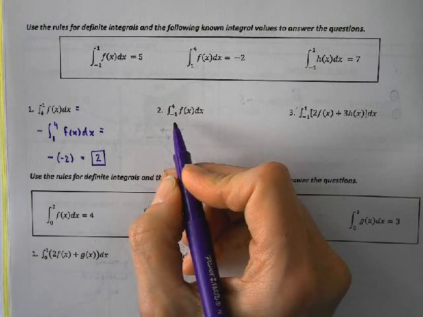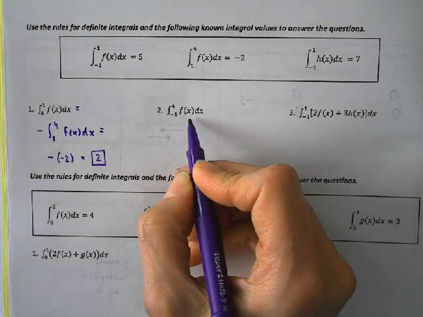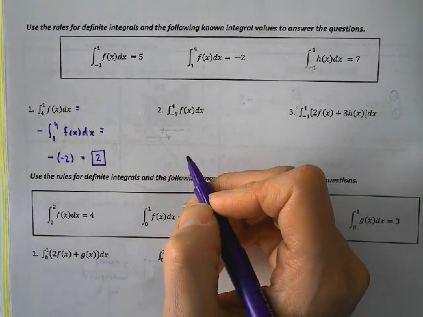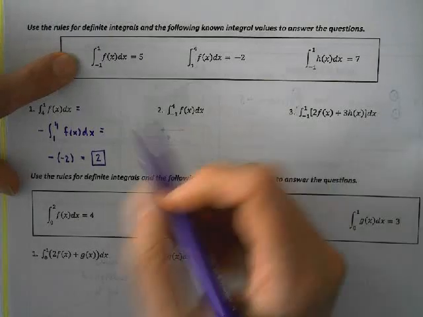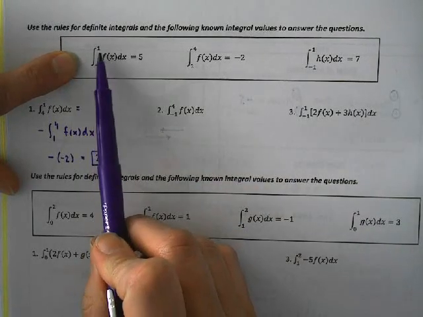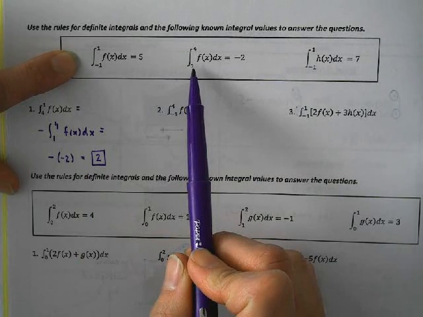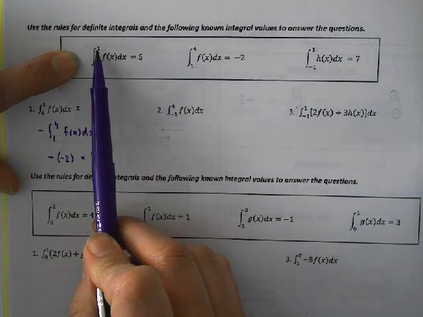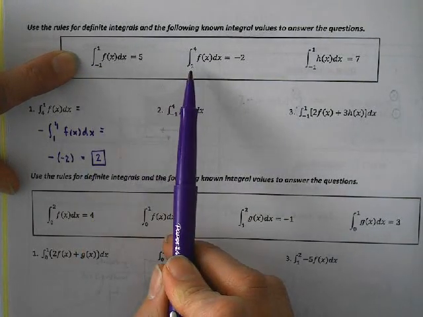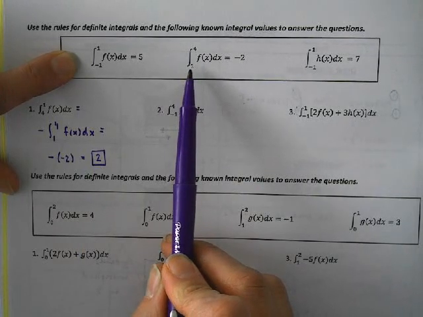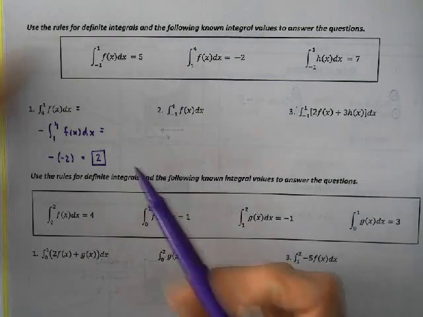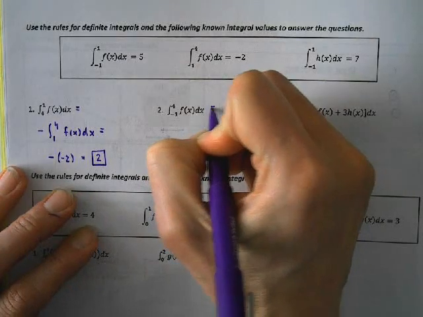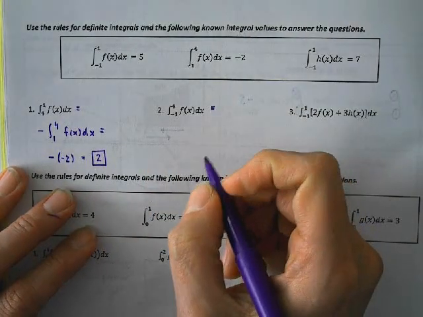My next one now, I have the integral from negative 1 to 4 of f of x dx. If I look up here, I notice I know the value from negative 1 to 1, and I know the value from 1 to 4. Again, since that upper limit is the same as the lower here, I know if I add those together, I'm going to get the value of the integral over that whole interval.